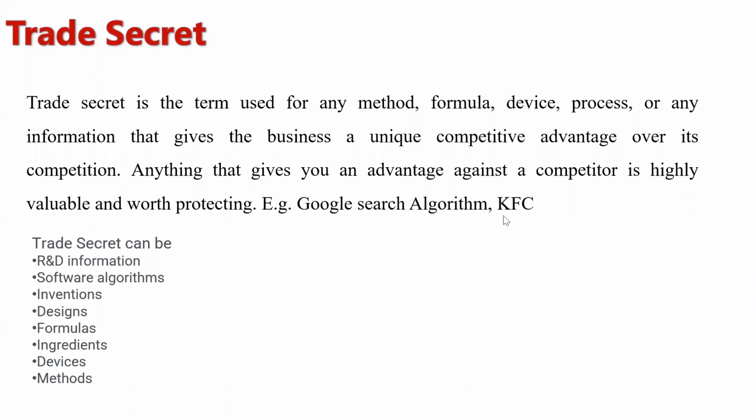They don't want to disclose that ingredient combination, so they can file the trade secret. Here, there is no need to disclose the ingredients, but that particular part will be registered. What are the other things that we can register? Any information that is confidential can be registered here: designs, formulas, ingredients, devices, methods. If I don't want to disclose it, it can be registered here as a trade secret.